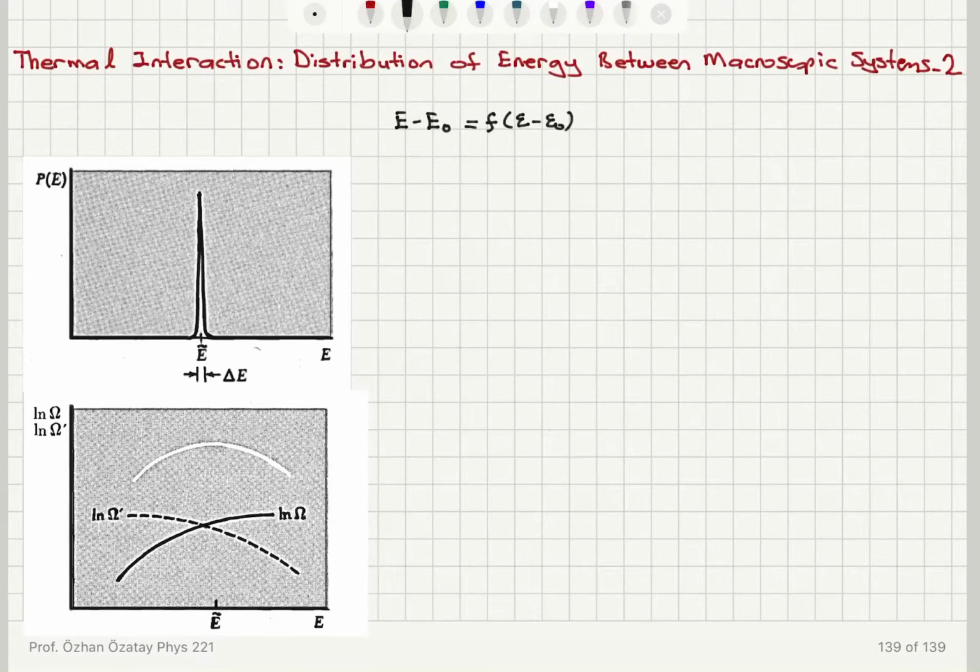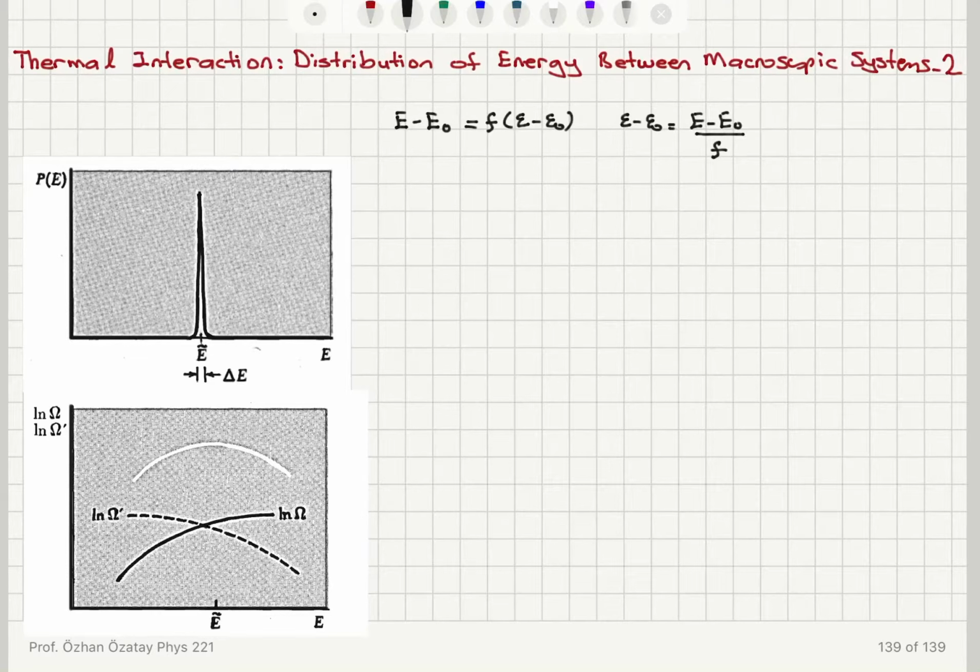So epsilon is the contribution to the total energy of one quantum number in the system, and F was the total number of quantum numbers you have to specify in order to get the state of the system. So epsilon minus epsilon 0 is the total energy minus the ground state energy divided by F, the number of degrees of freedom.